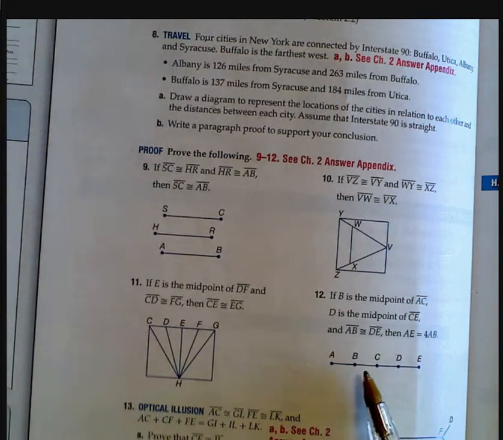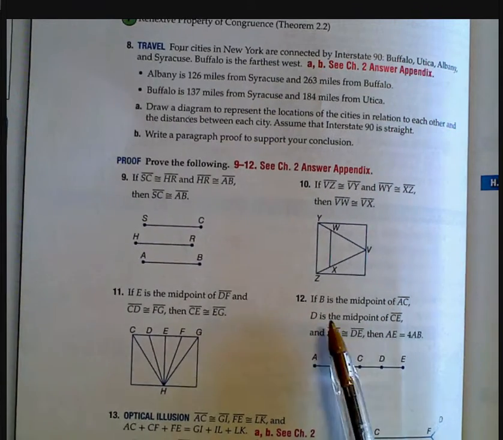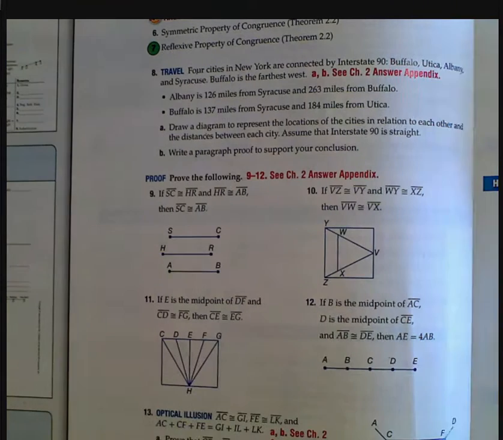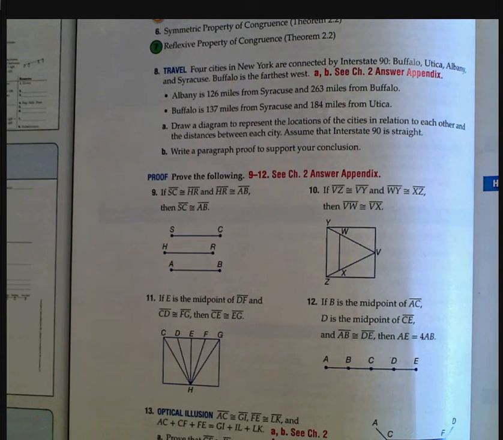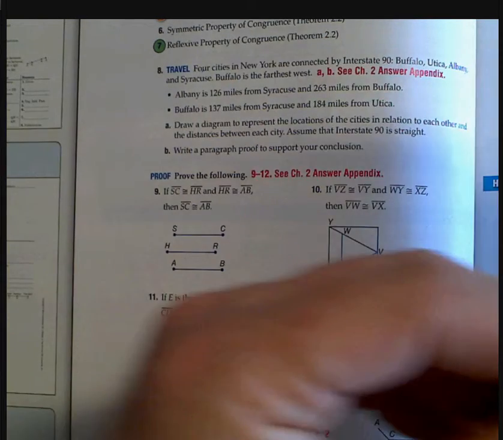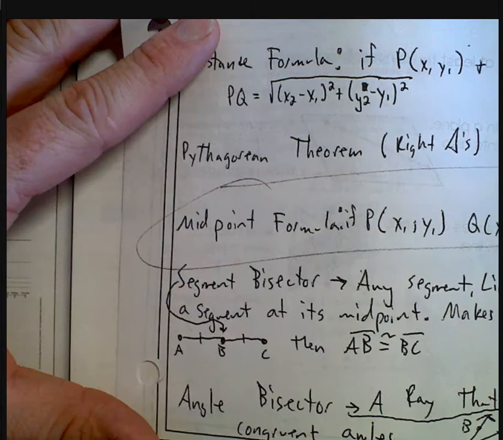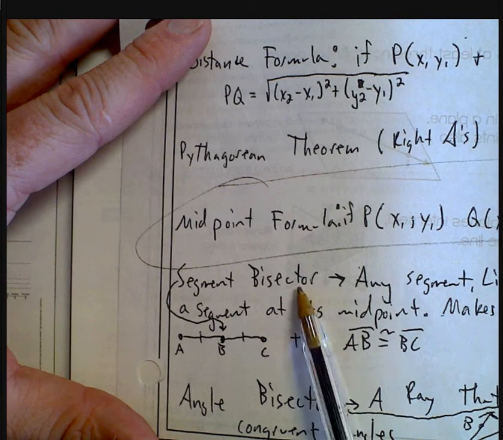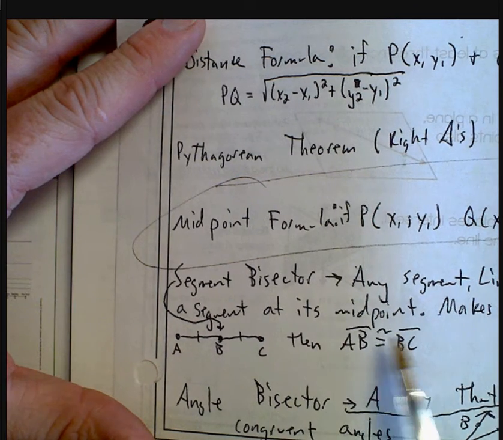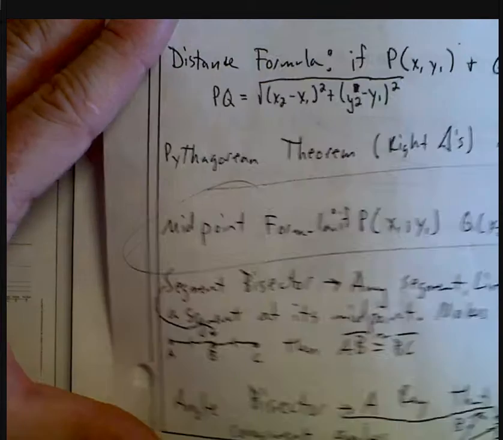So here's my picture. If B is the midpoint of AC, when I go back and I look at my little notes that I can use, I actually have a segment bisector. Any segment, line, or plane that intersects a segment at its midpoint makes two congruent segments.